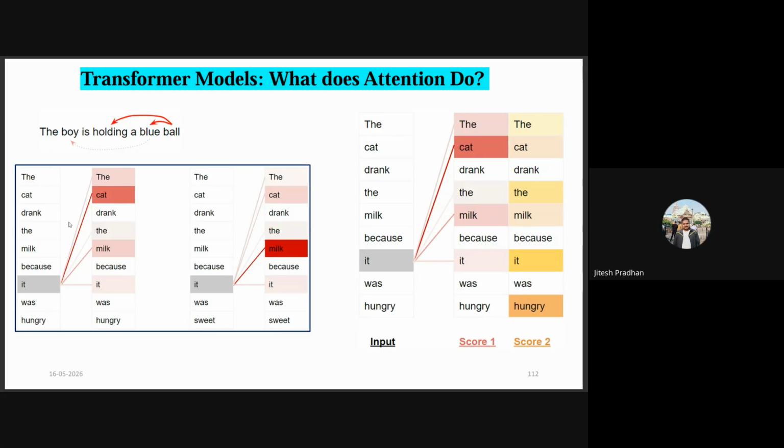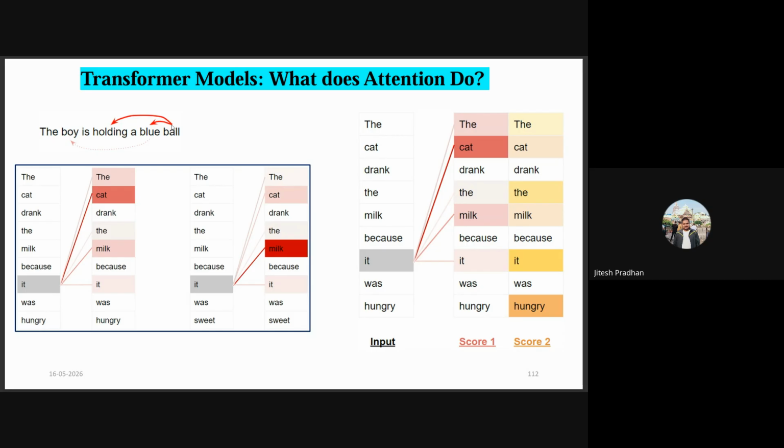Before starting, let's discuss this example: the boy holding a blue ball. While processing a word, the attention mechanism enables the model to focus on other words and their relationships. In this case, the focus is on the word ball. What is it? It's blue. Its relationship is that it's a blue ball.